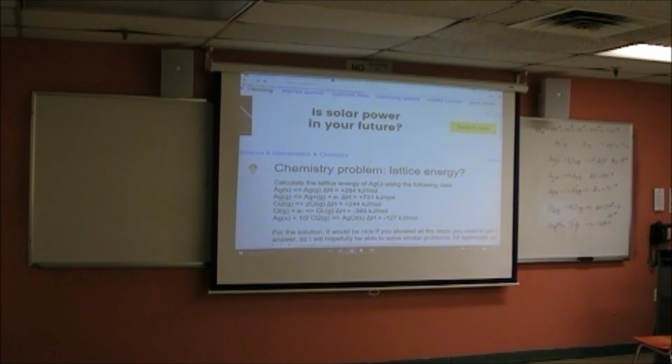What does chlorine need to do in order to form AgCl? You were saying it has to donate an electron. Chlorine does not donate an electron. It adds an electron. You add an electron to chlorine. What does silver do in order to make it? It donates an electron. So you need to represent that. These are all the little steps that need to occur just to make silver chloride.